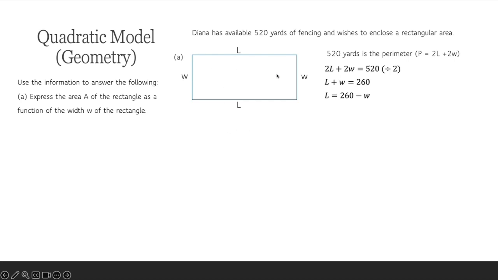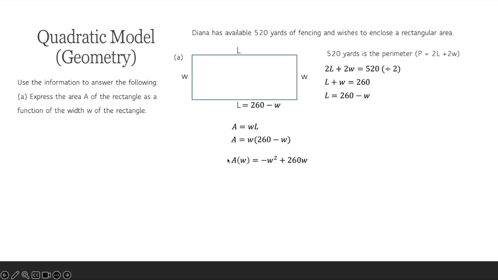The area is the space inside the rectangle, and it is given by multiplying the width times the length. But the length, like we saw here, can be replaced by 260 minus W. When I apply the distributive property, I get the area as a function of the width of the rectangle, the way it was asked. Then I'm done.